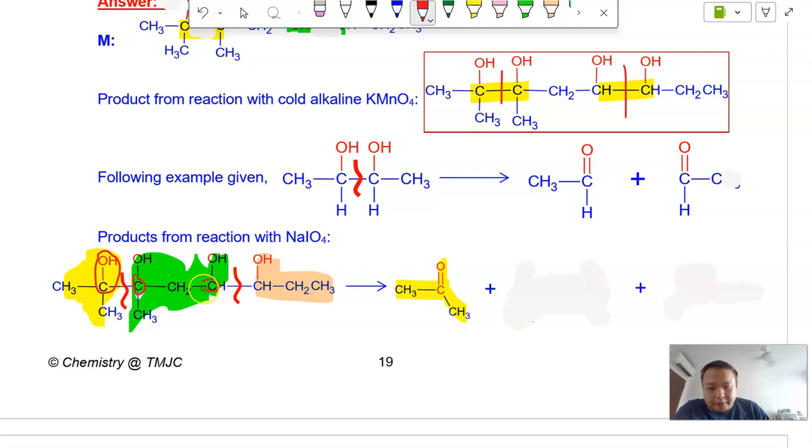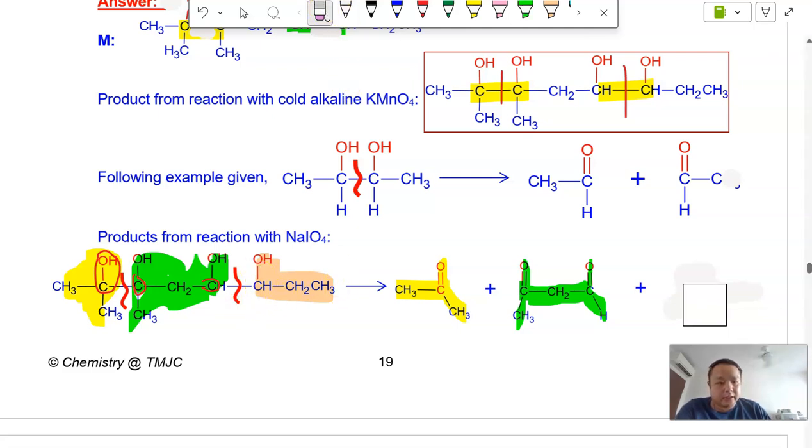Same thing for this, we also form a C=O. So you have C=O, CH3, CH2, C=O, and then H. Alright, so you can see. The last part, you're going to get a C=O here with an H and then CH2, CH3. And that's the orange fragment.